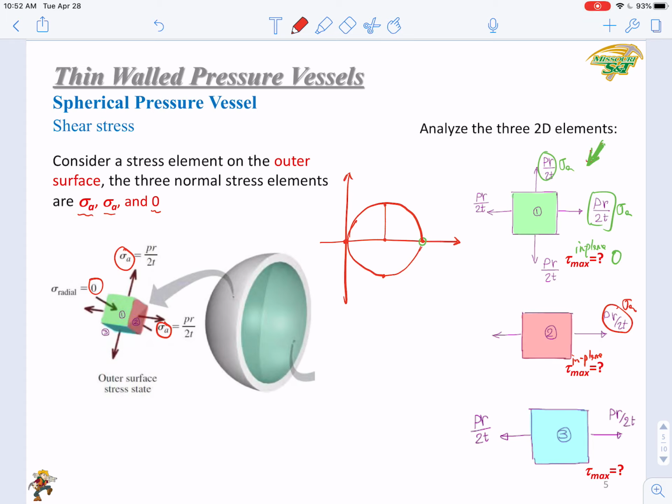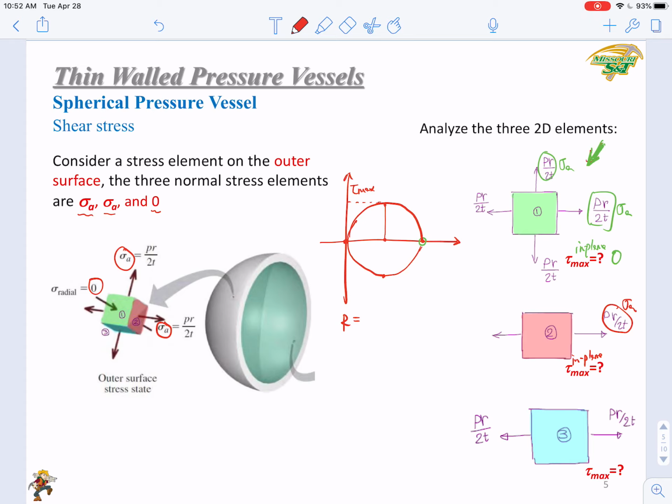It's the radius, which equals sigma A over 2.